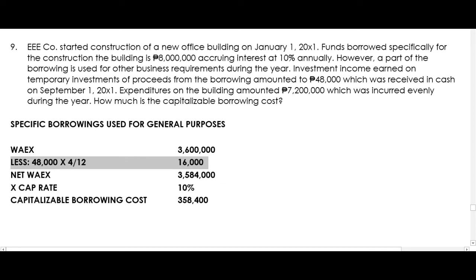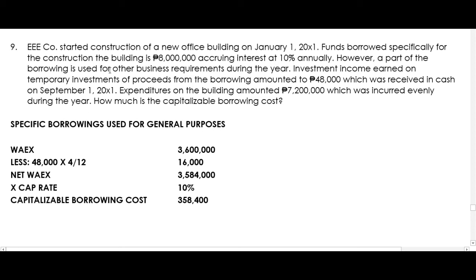So, as a result, yung net weighted average expenditure natin will be 3,584,000. And this will now be yung basis ng i-multiply natin na 10% or yung capitalization rate based on this. Okay? So, ang lalabas, ang ating capitalizable borrowing cost will be 358,400. Okay? So, yan yung sagot natin sa question number 9.